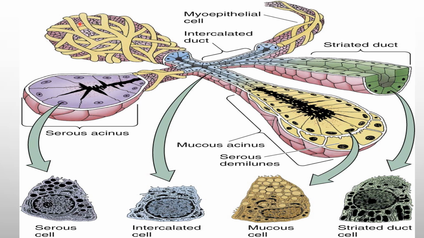Myoepithelial cells with their processes form a basket surrounding the acinus, and also the initial or proximal part of the duct system.